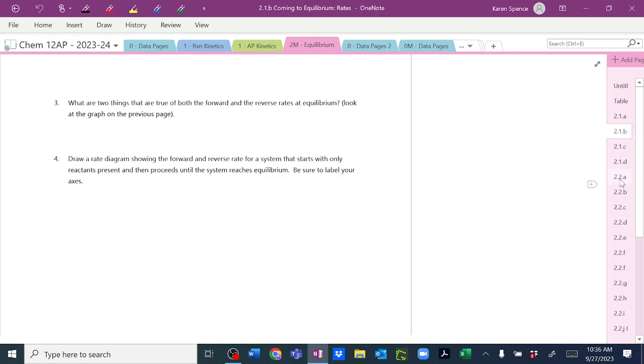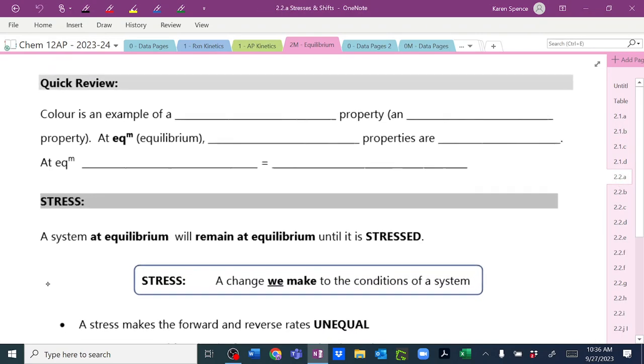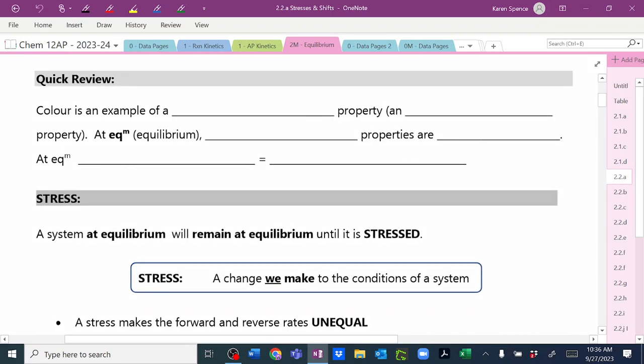Alrighty then, we are moving on to 2.2. Oh, something else. Two definitions of dynamic equilibrium.